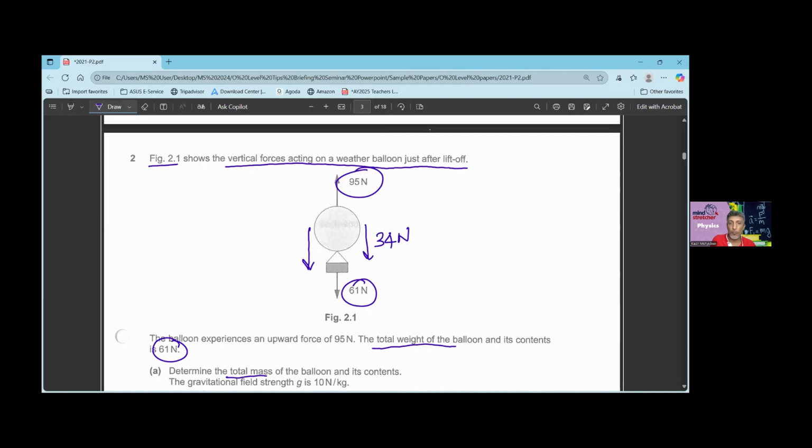It increases to 34. So now you look at the forces. The net force is 95 minus the force downwards, 61, due to the weight, and 34 due to air resistance. So your net force is 0. So F net is 0.